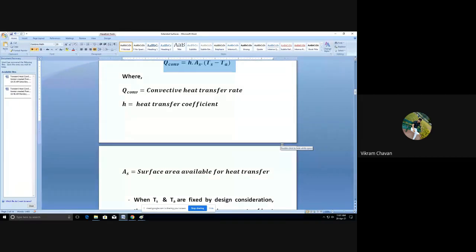H is equal to heat transfer coefficient. A suffix S is equal to surface area available for heat transfer.